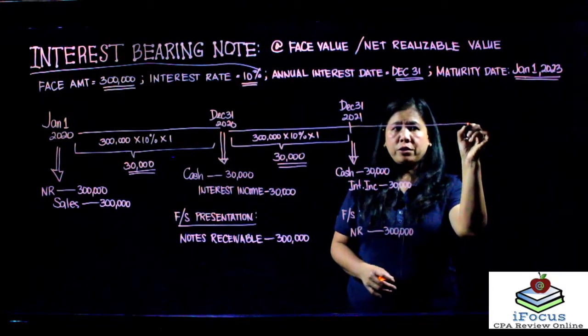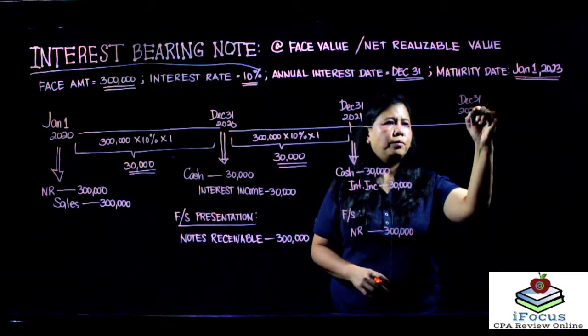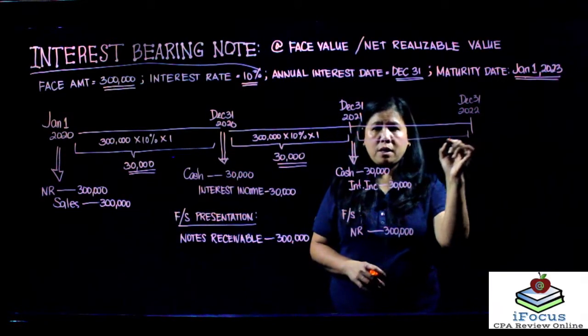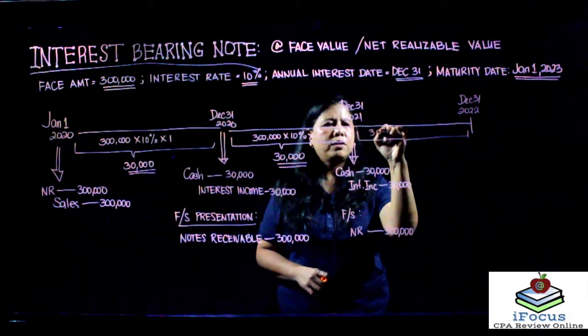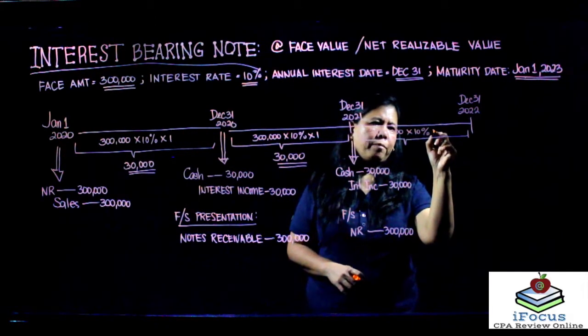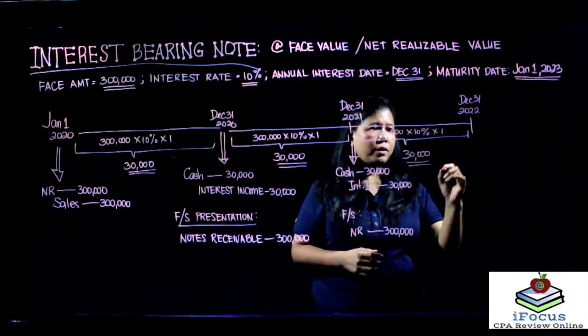On our third year, December 31st of 2022, our interest income will still be the same. So we have 300,000 times 10% times 1, and we have 30,000 of interest income.